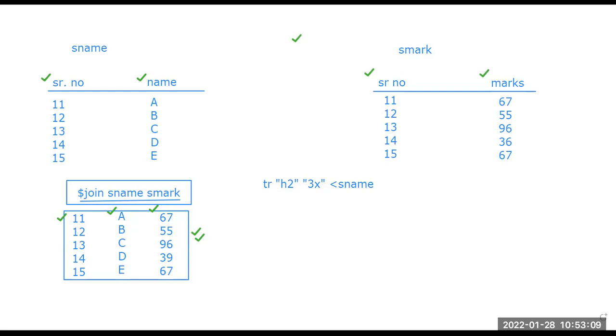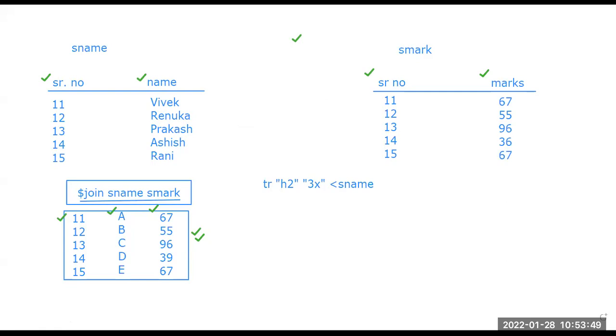Now, for an understanding session, let me change the value of the table. So suppose these are the values of the table, right? Now when this particular command tr h2 3x sname has been used, what will happen?